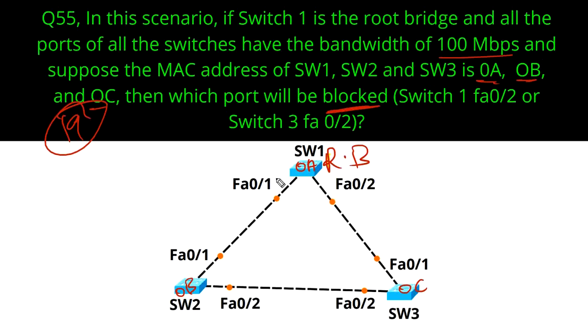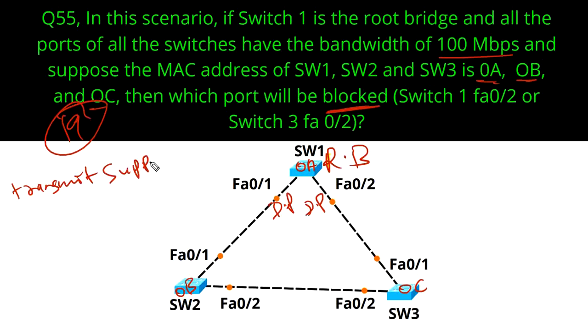Guys, always remember one thing, right? All ports of the root bridge switch will become DP. DP means designated port, right? Always keep in mind this point: a port which transmits superior BPDU, that port is known as DP, designated port.